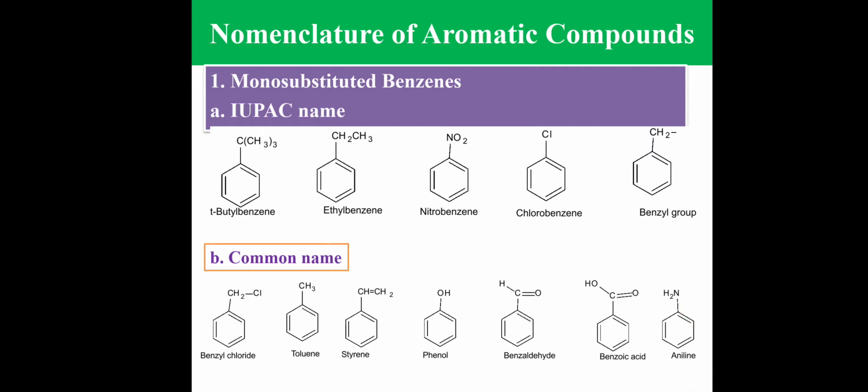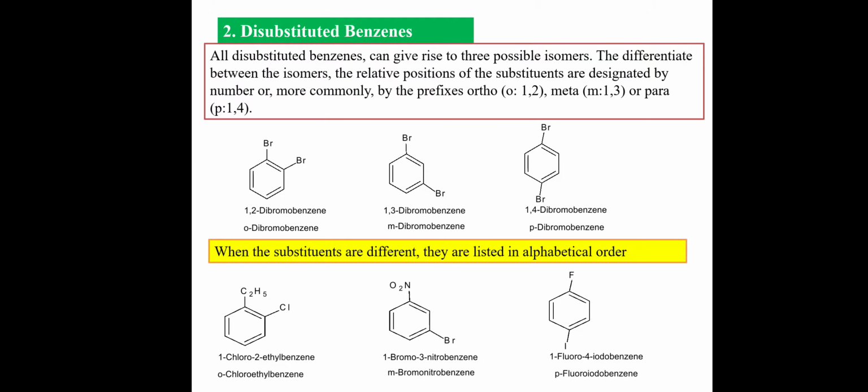This is about mono-substituted benzene. Now the next, di-substituted benzene. In the case of di-substituted benzene, all di-substituted benzenes can give rise to three possible isomers, and they are differentiated by the relative positions of the substituents.